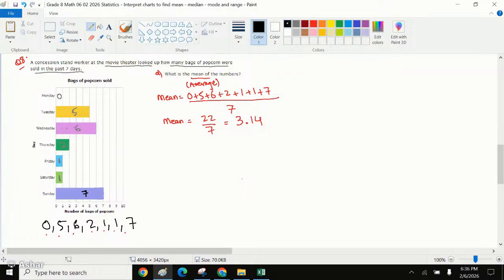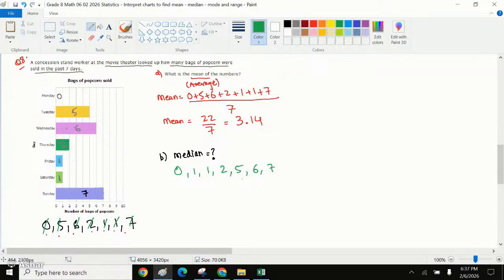Okay, let's have a look at another question, part B. Range is easy. Let's say what is the median? We arrange them in ascending order, starting with 0, 1, 1, 2, 5, 6, and 7.